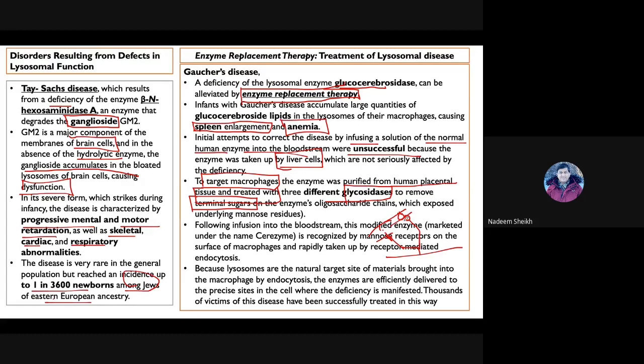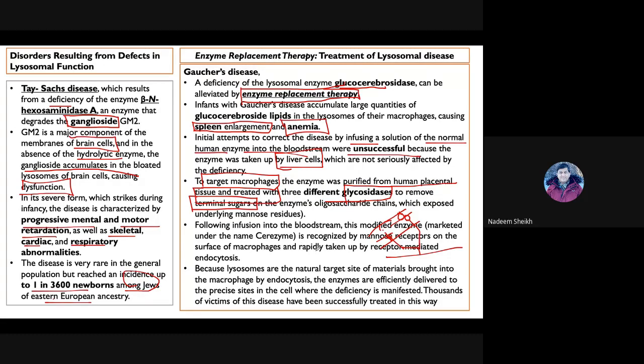You removed all the terminal carbohydrates, leaving behind only the mannose core. Now, this mannose can target any cell having mannose receptors. So the idea was to remove the terminal carbohydrates, leaving behind a core with the mannose, and then it was injected into the patients.